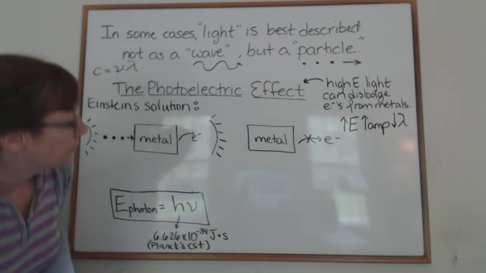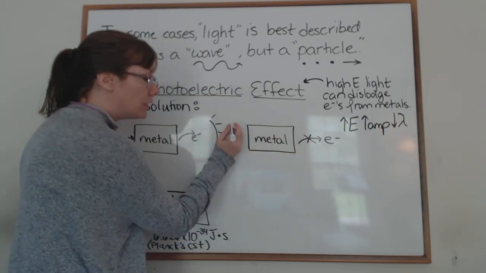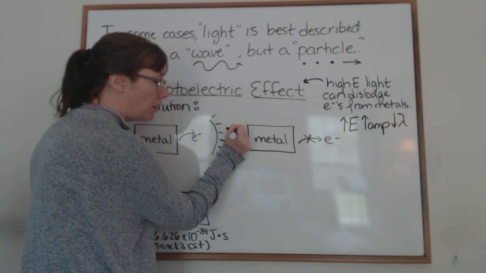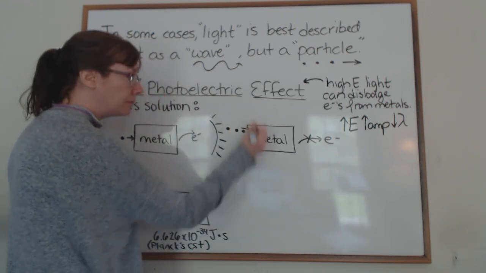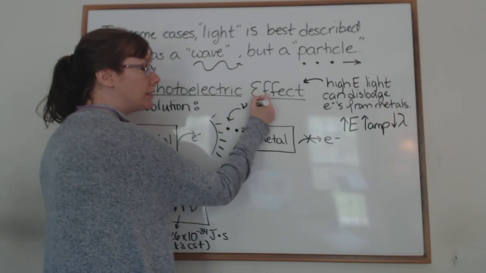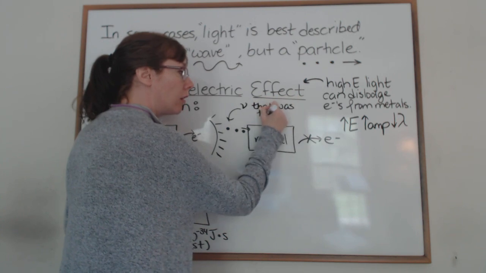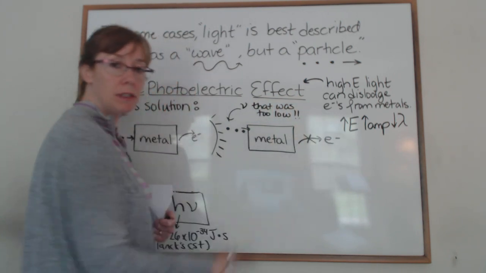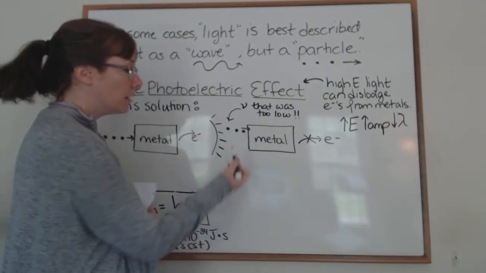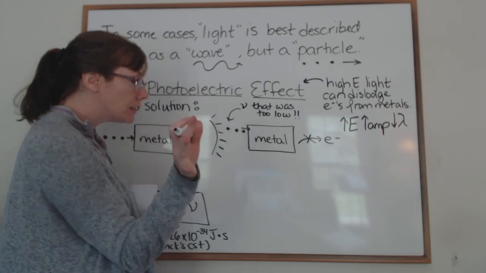When we look at this scenario where we weren't able to get electrons, it was just that these photons had a frequency that was not high enough, or that was too low. And that's why you were not able to dislodge electrons, because each one of them had a frequency that was just too low. And here's the big thing here.